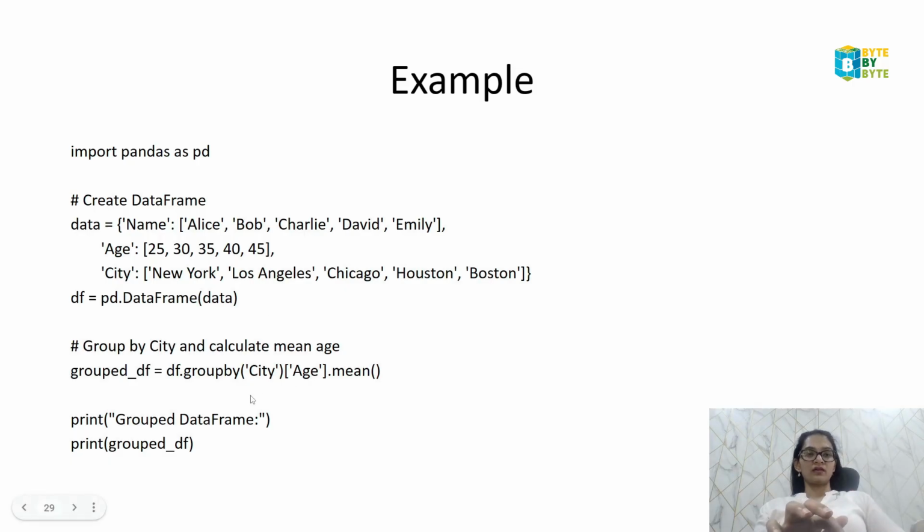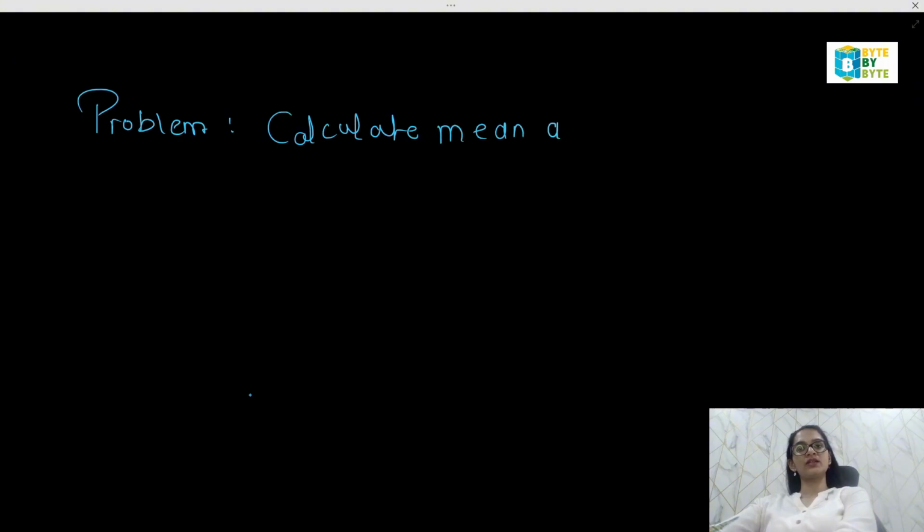So here our problem is: calculate mean age city wise. This is my problem statement.